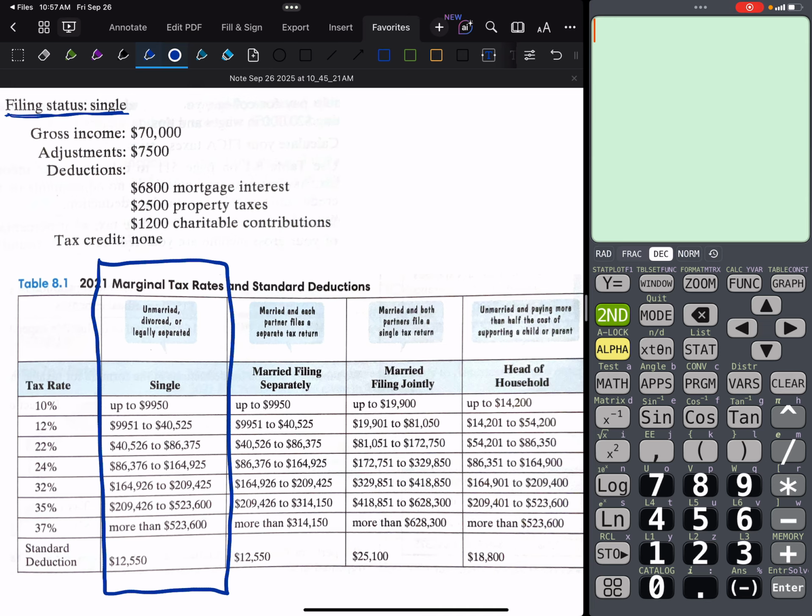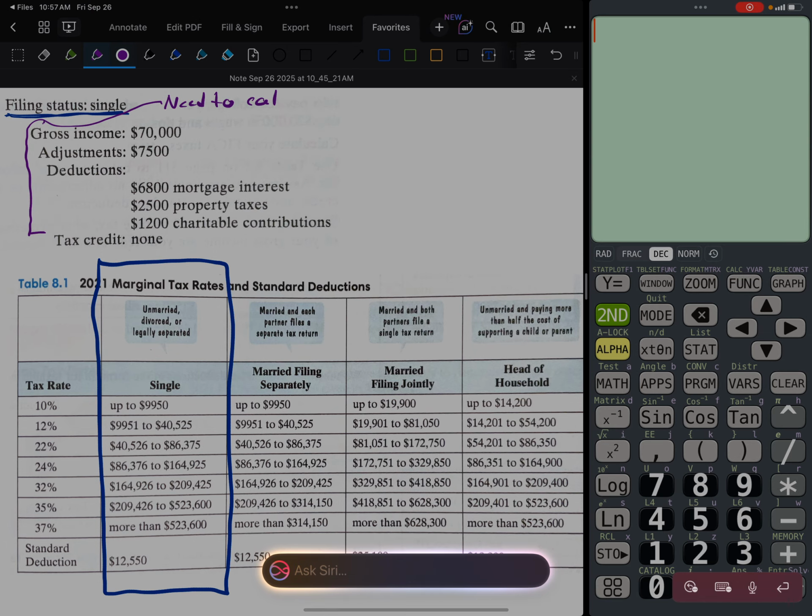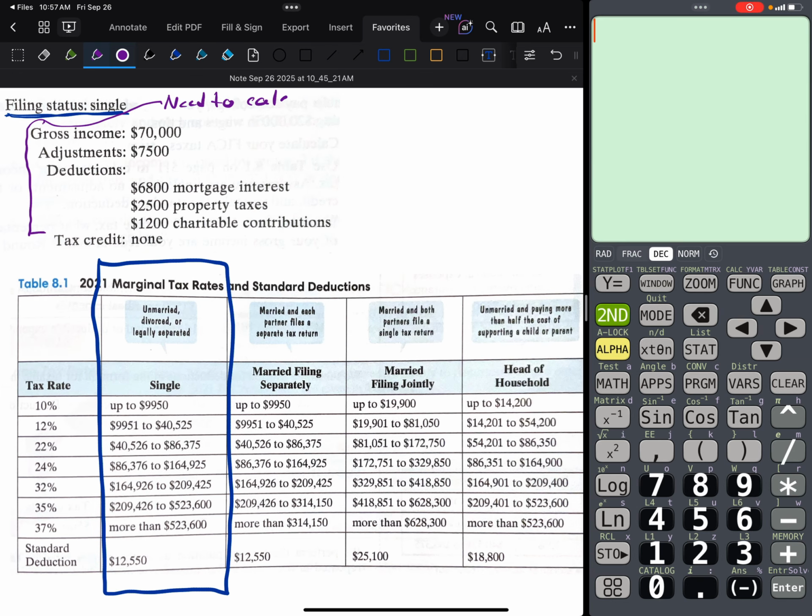Then they give me this gross income, adjustments, and deductions. From these three, I need to calculate my taxable income.